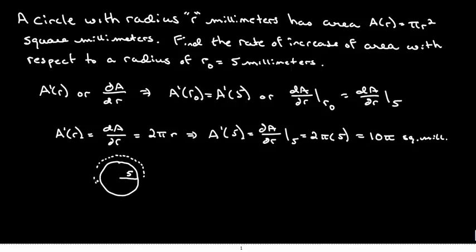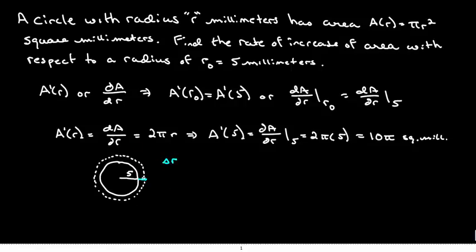If I change my radius, this little distance right here, in fact, let me do it in a different color. This little distance right here, that is dr. That's the change in r. I'll write it as delta r.